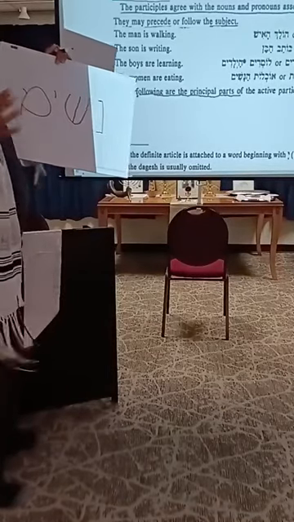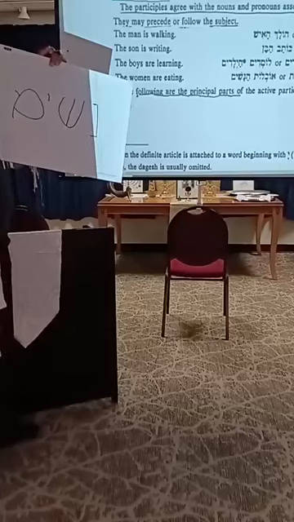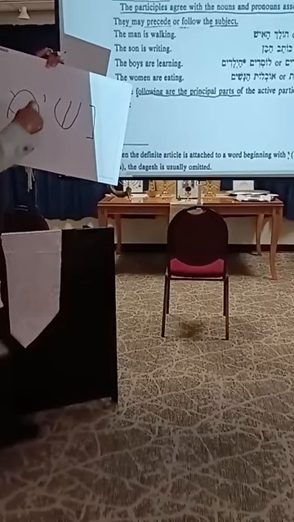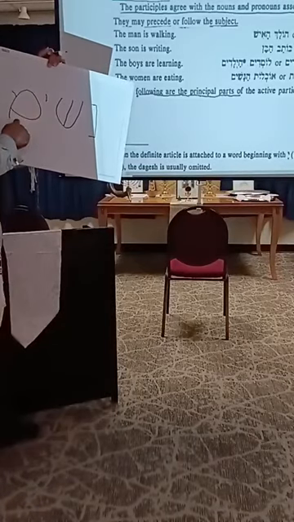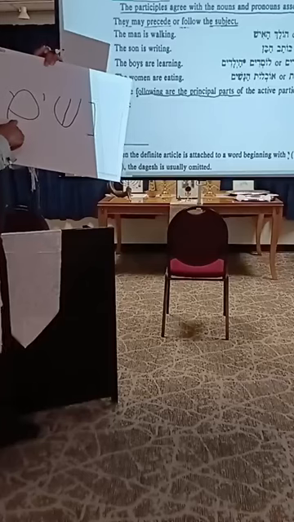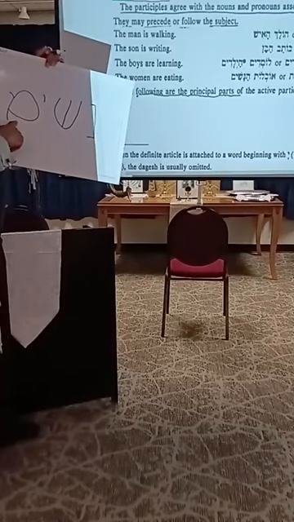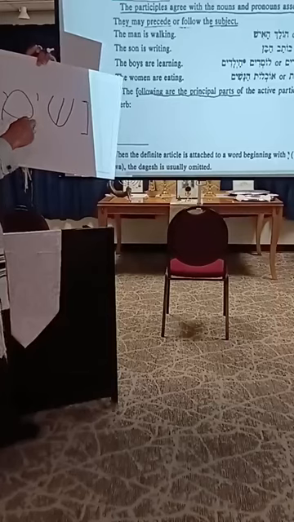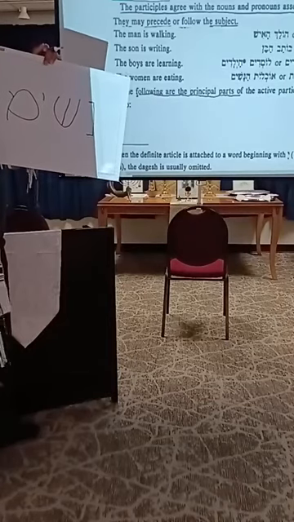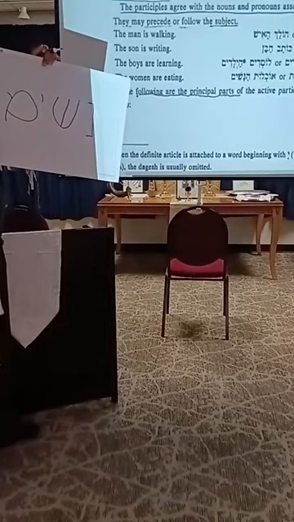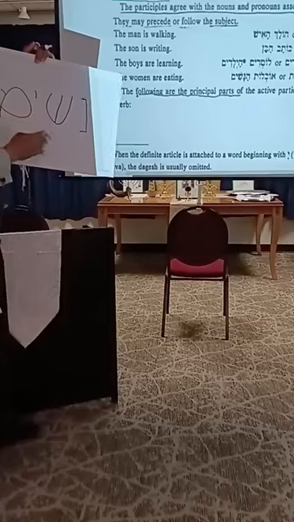Yod. Now, woman is feminine, right? But the yod mem is a masculine plural ending, right? In this case, when you are saying women, plural for woman, it doesn't follow the same order.